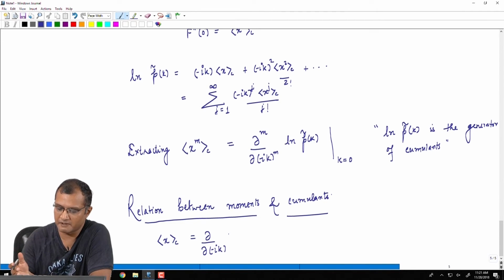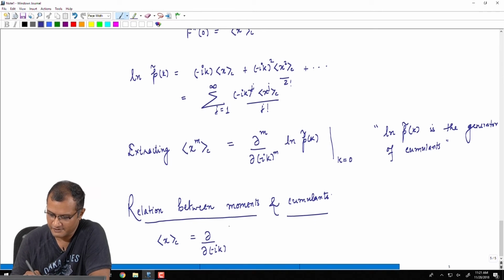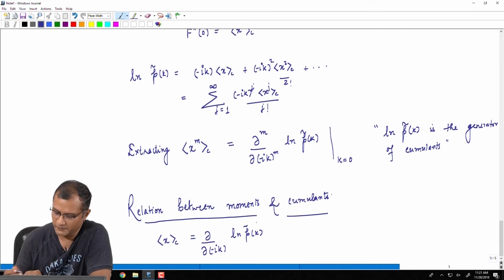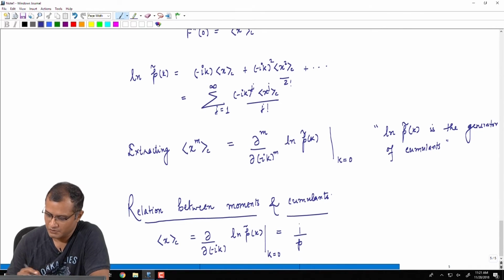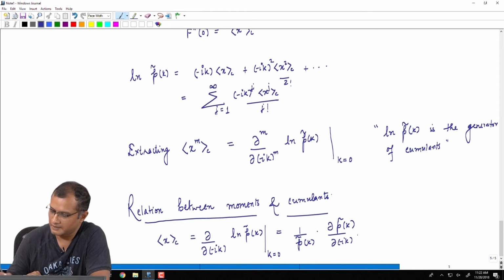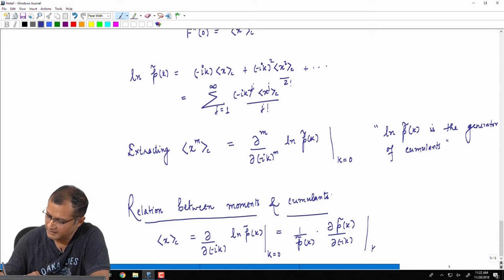If I want to use the previous definition, it is just the first derivative of ln p of k at k equal to 0. This derivative is nothing but 1 over p of k into dp of k by d(minus ik), entirely taken at k equals 0.